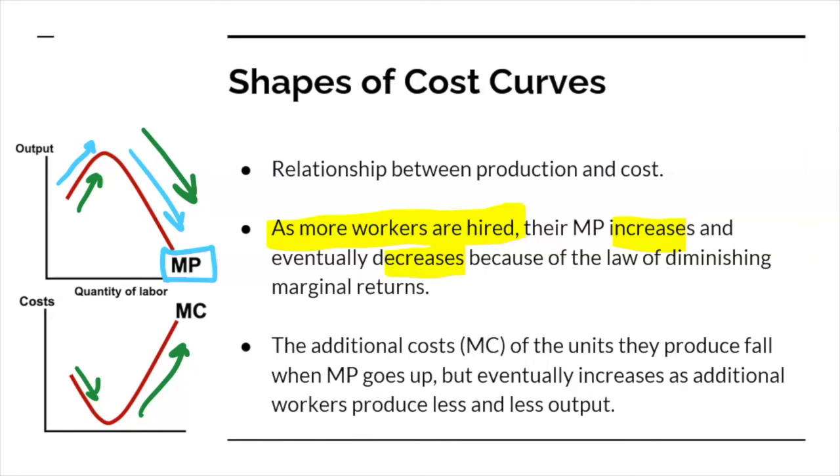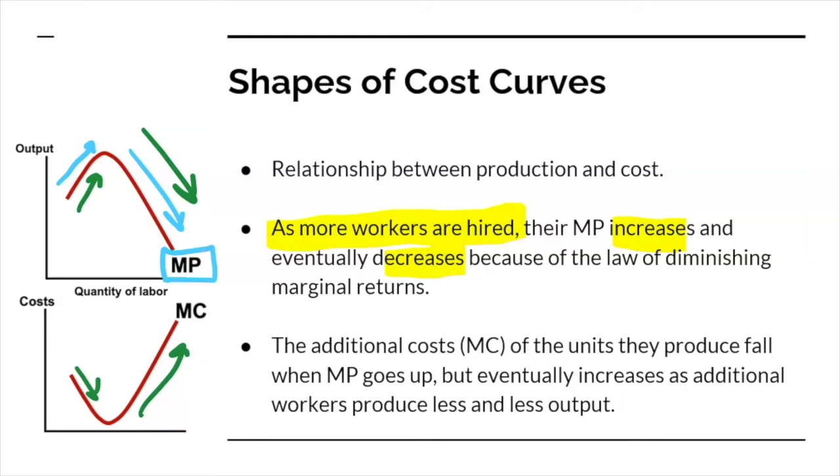So the reason why our marginal cost curve goes down then up, or in other words, looks like a Nike swoosh, is because, as workers, because of specialization and increasing marginal returns, bring more and more to the table, marginal product is increasing, and the marginal cost starts to decrease because each worker is becoming more efficient.